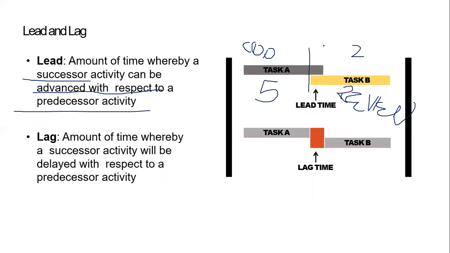I still can start one day earlier, right? So in this case, what happens? Lead is always going to be minus. So my total time for A plus B is going to be 7 minus 1, because the task B is already started. So this is going to be 7 minus 1, which is 6.